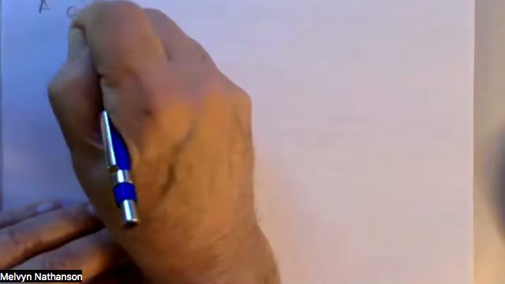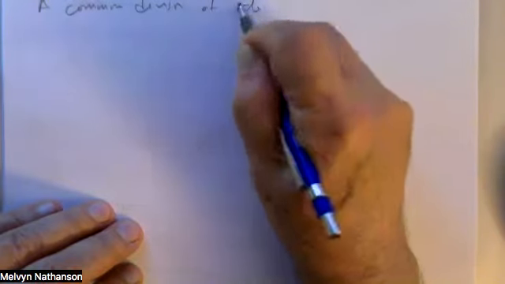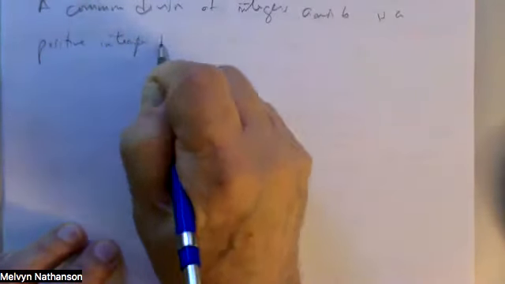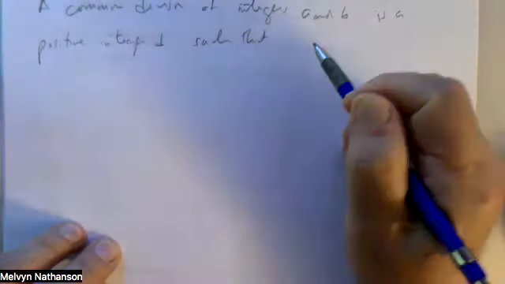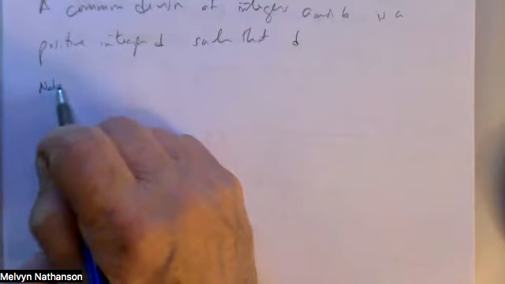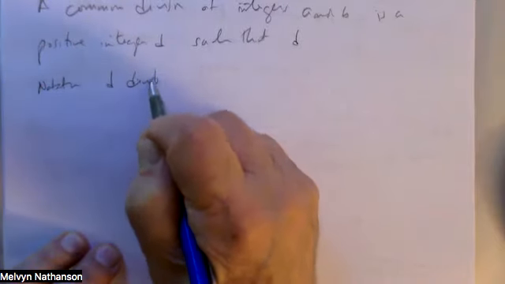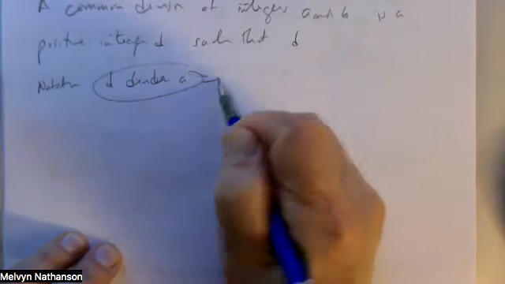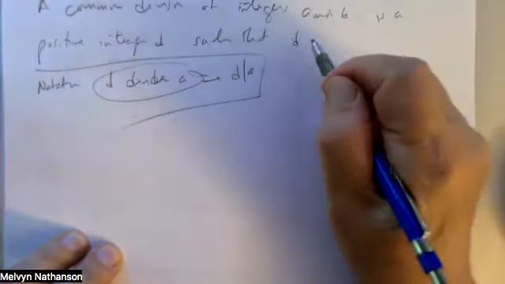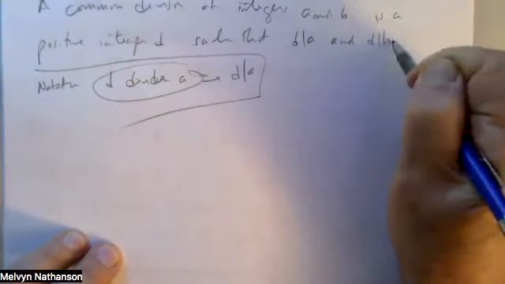So a common divisor of integers A and B is a positive integer D such that D divides A, which we write as D vertical bar A. So D is a common divisor of integers A and B if D divides A and D divides B.